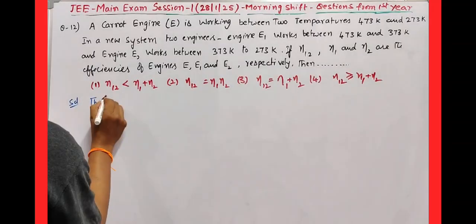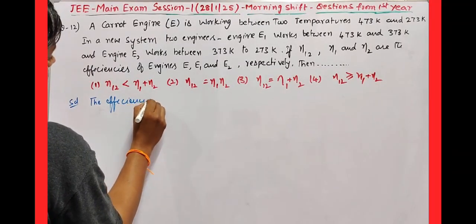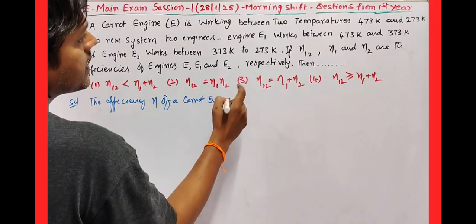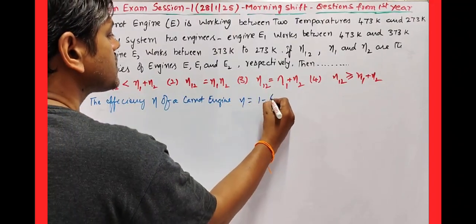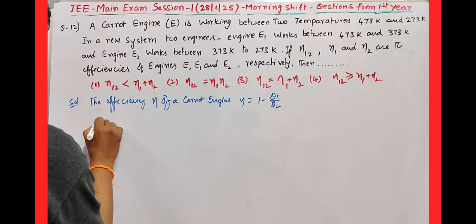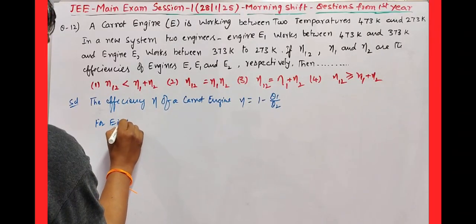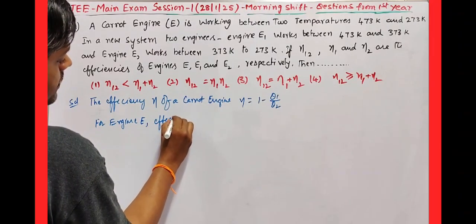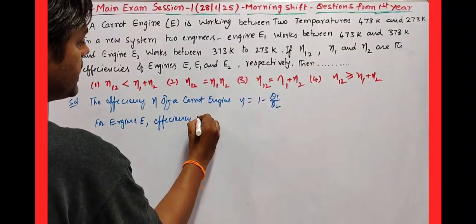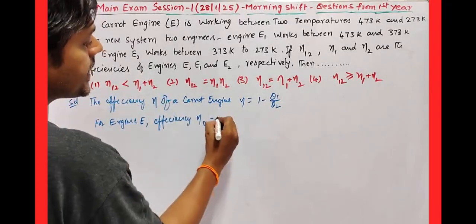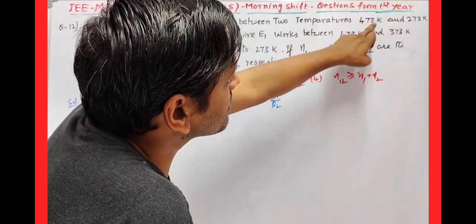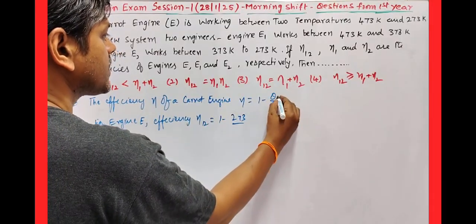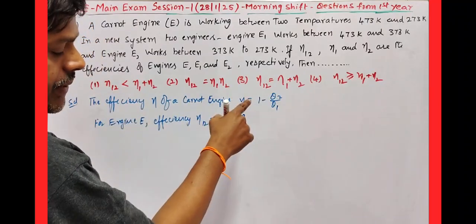The efficiency eta of a Carnot engine, in terms of heat, is 1 minus Q2 by Q1, that is (Q1 minus Q2) by Q1.